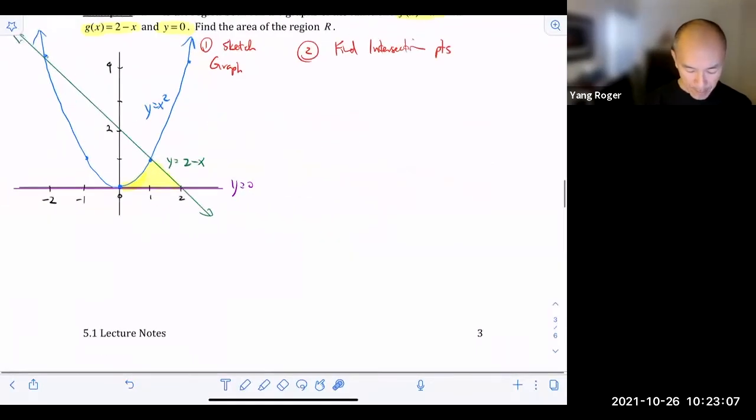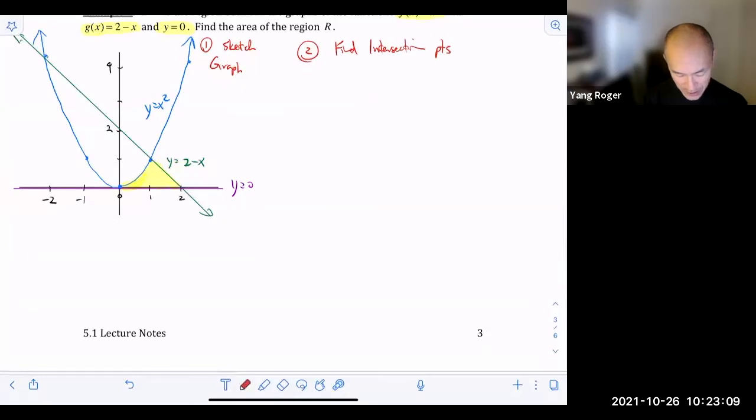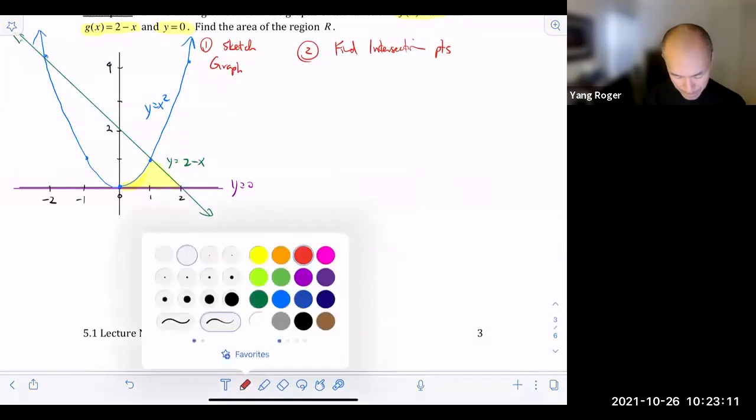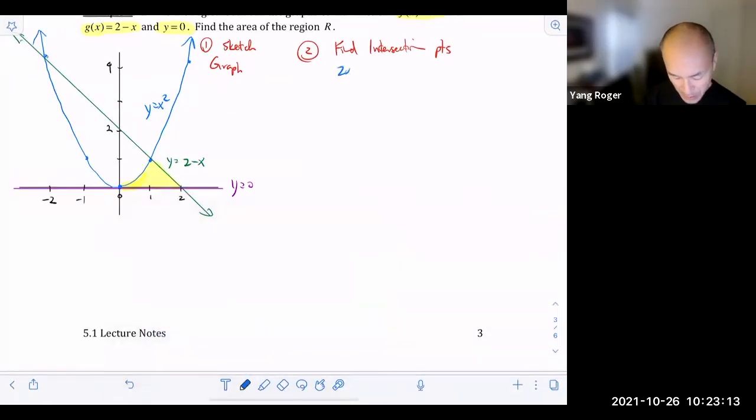Okay. So let's find some intersection points. If I set 2 minus x equal to 0, this tells me x equal to 2. If I set x squared equal to 0, this tells me x is equal to 0. So this is my overall region of integration. It's going to be from 0 to 2.